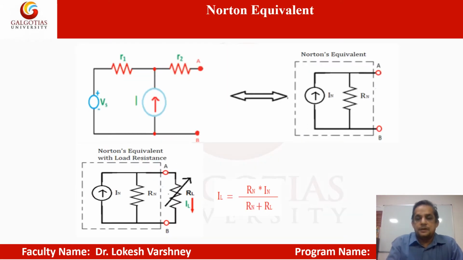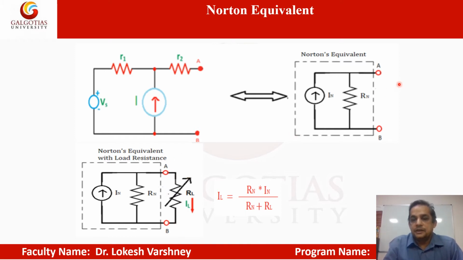Now come to the Norton equivalent. You put the value of IN which you have calculated in parallel with the resistance. This is Norton resistance. You put the value of Norton resistance. This is called Norton equivalent. Now if you need the value of RL, then you connect the RL with the Norton equivalent.